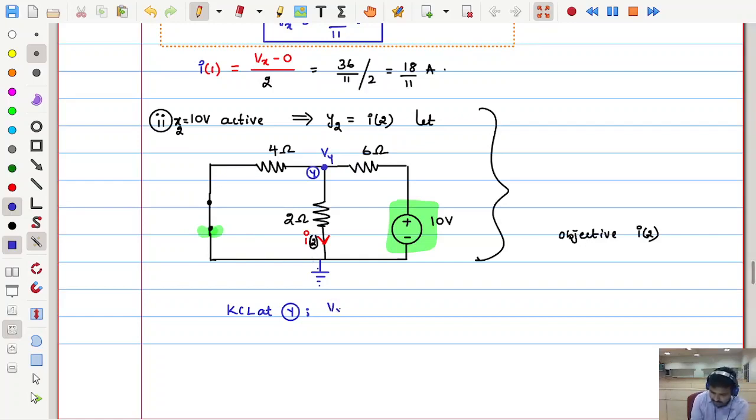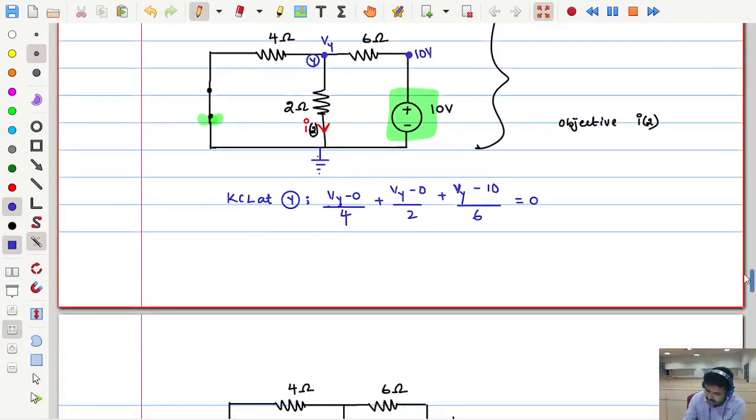If this voltage source were there, we could not say the 4 ohms is connected to ground. But because it is simply a conductor now, we can say it is connected to ground. So what is the voltage? (Vy minus 0) by 4 is the current. Next, (Vy minus 0) by 2 plus (Vy minus 10) divided by 6, here the voltage is 10 now, is equal to 0. Just try to calculate how much is Vy. So (1 by 4 plus 1 by 2 plus 1 by 6) whole into Vy.